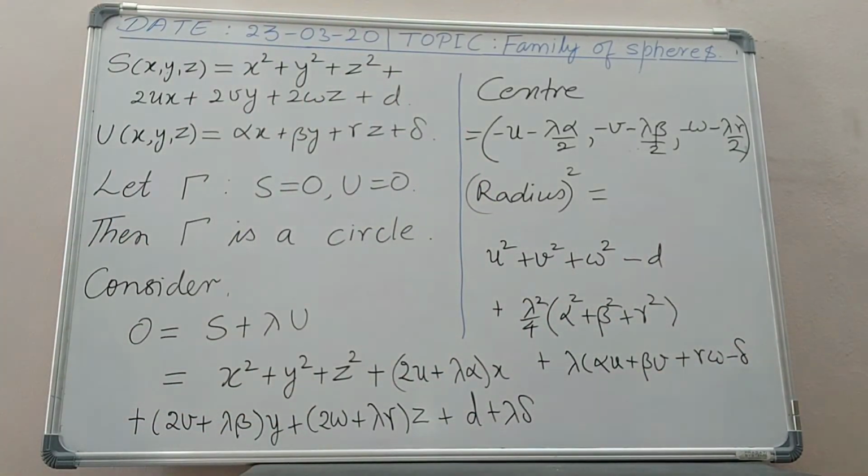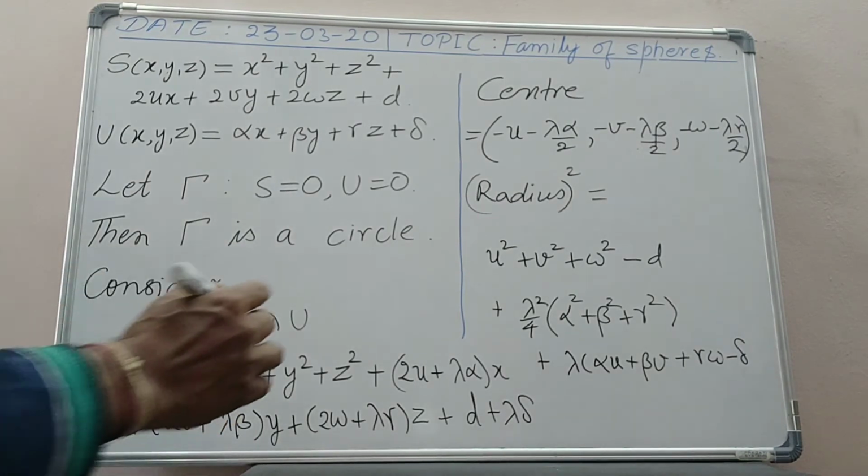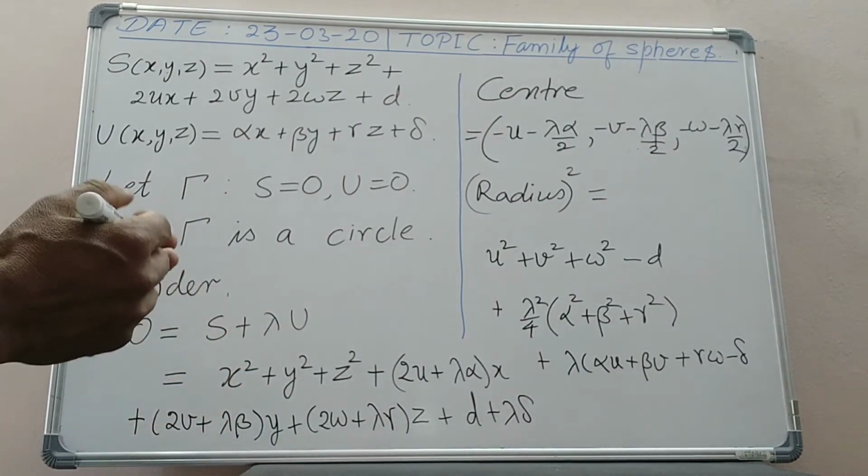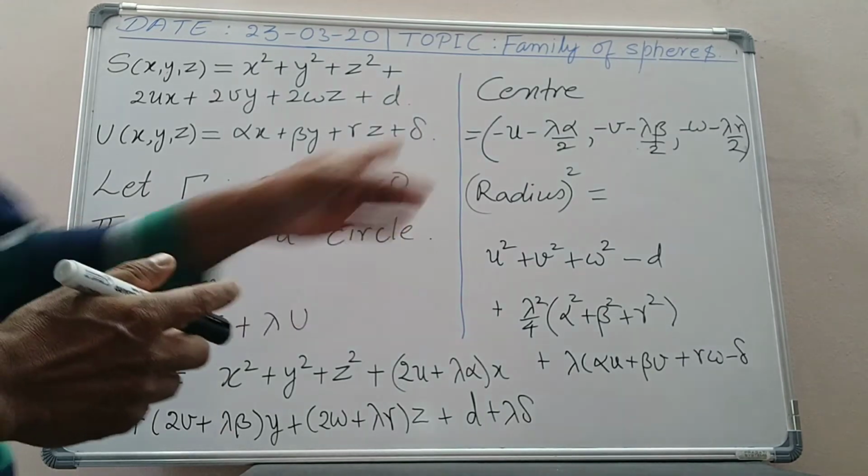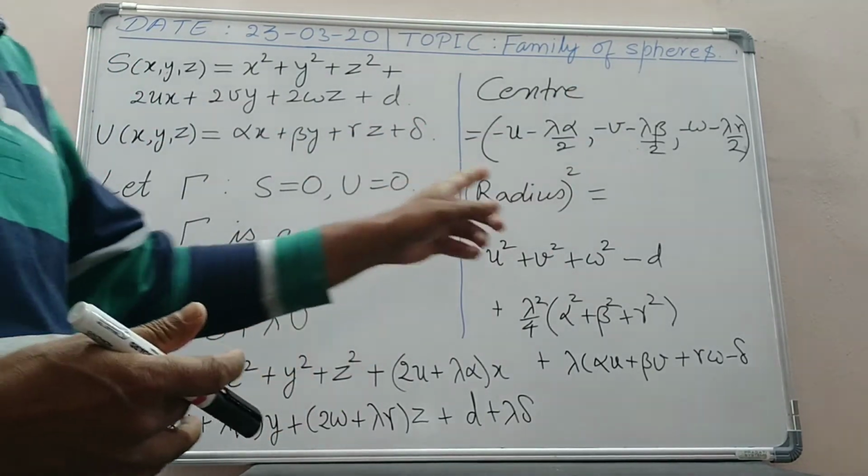All right. So S plus lambda u equal to 0 will represent a sphere with this as the center and this as the radius.